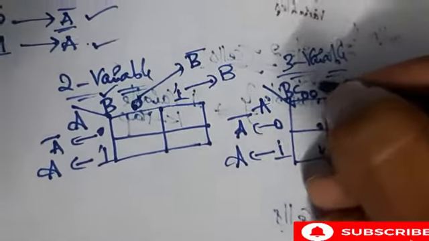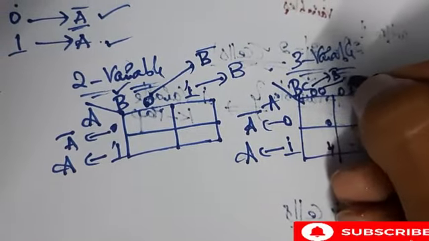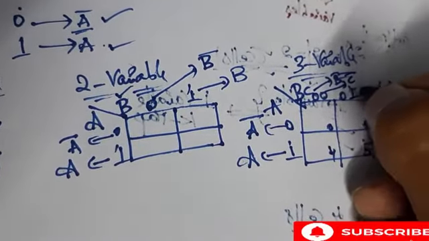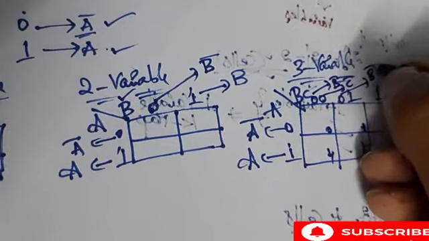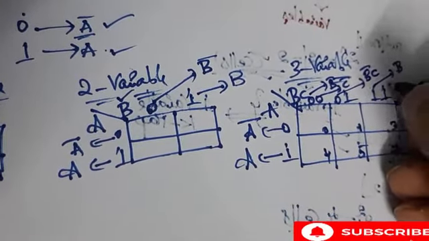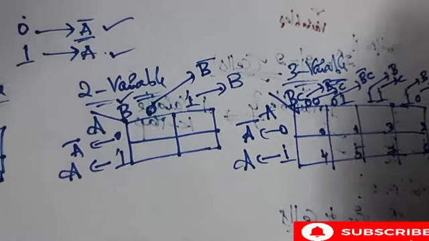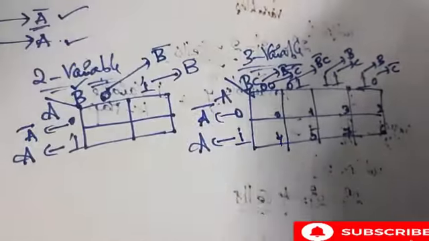Here you will get the B bar, here C bar. In this term you will get the B bar, C, this will be the B, this will be the C, this will be the B, this will be the C bar, right?